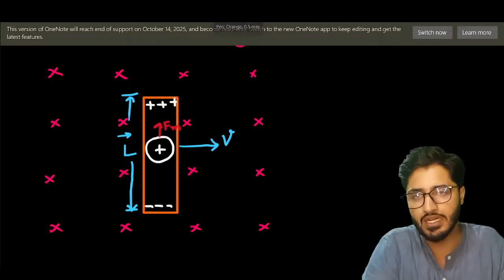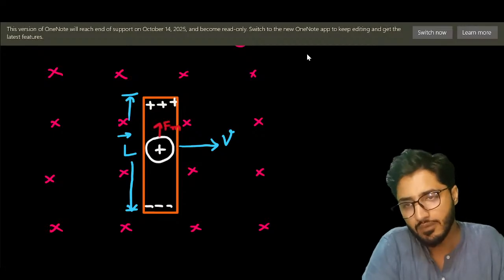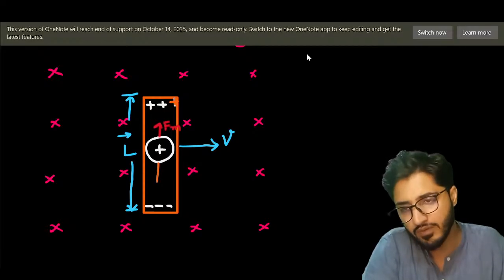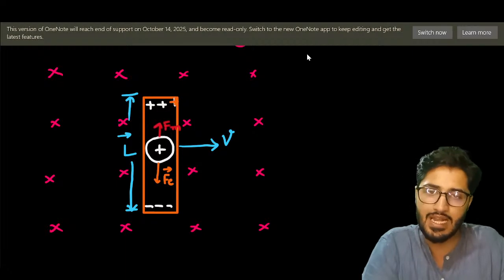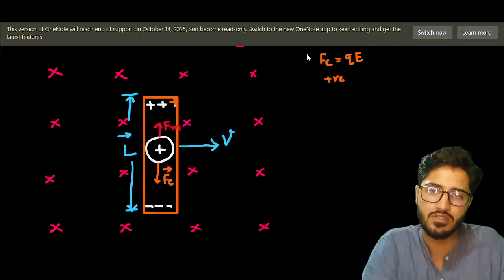You can write Fm is upwards. Now positive is here, negative is here, so my electric force will be in this way. Why? Because my electric force is Q times E, and it is from positive charge to negative charge. I guess we know it.